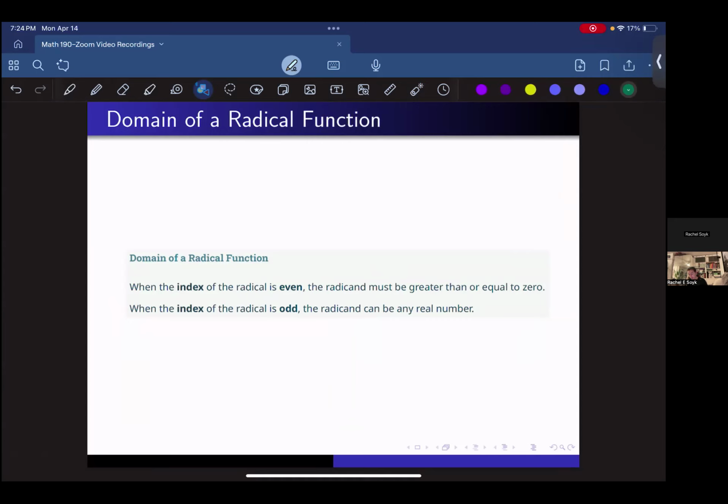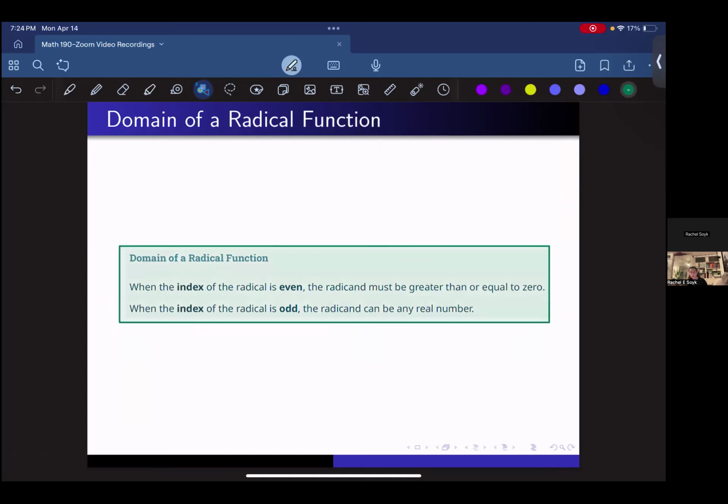When the index is even, the radicand must be greater than or equal to 0 because we cannot have negative values that will lead to imaginary numbers, which is not part of the real number system. However, when the radical is of odd index, then we're good to go. We have no restrictions in that case.